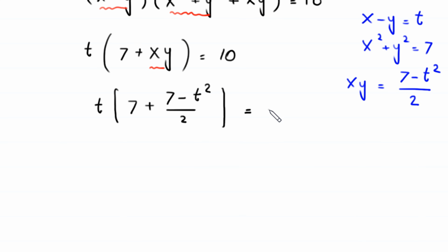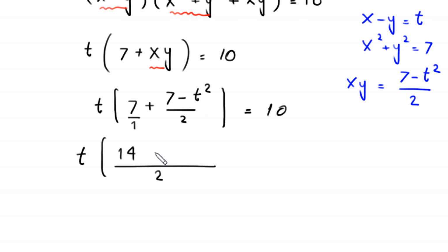Next, t times, we can write the denominator of this 7 as 1 and we take the LCM of 1 and 2. LCM of 1 and 2 is 2. 2 divided by 1 is 2. 2 times this 7 will become 14.